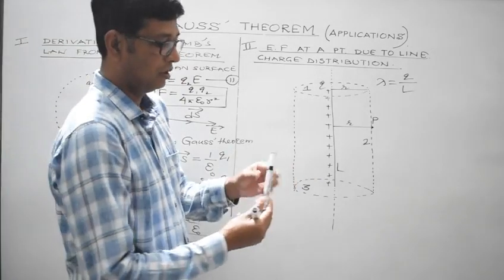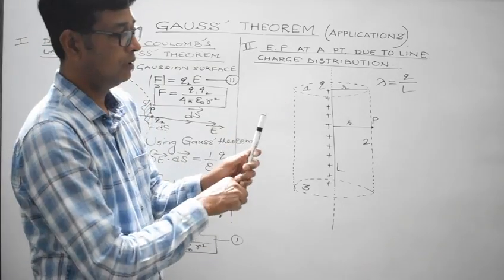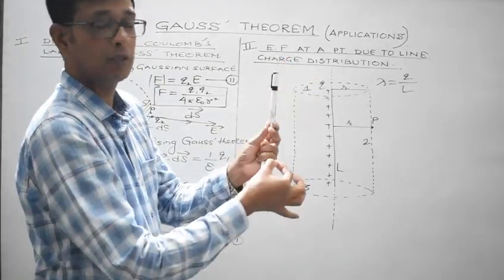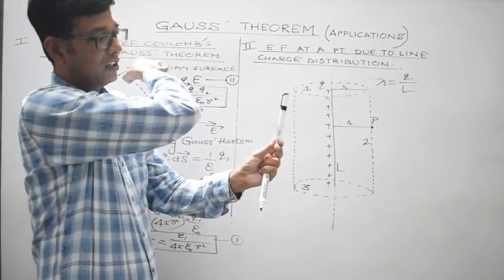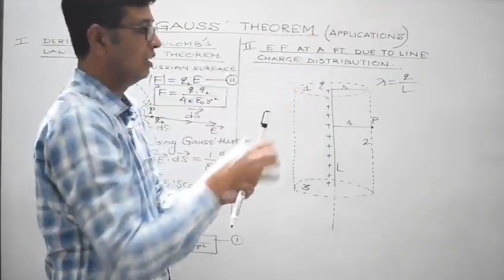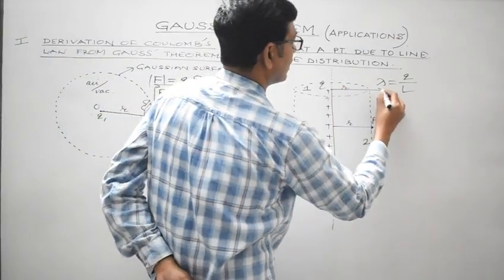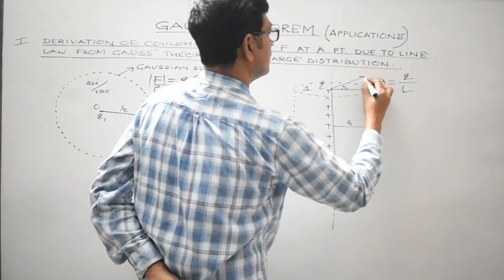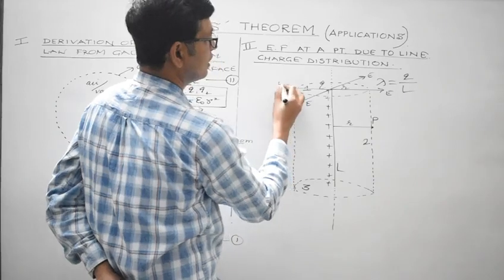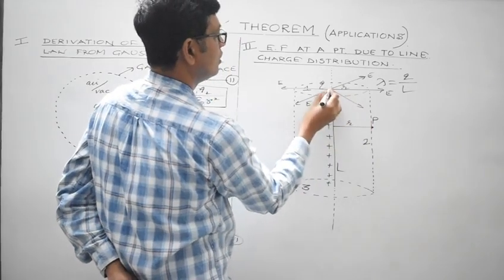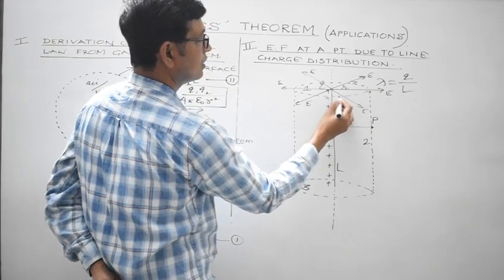Now, consider this to be a line, a one-dimensional thing, and charge is uniformly distributed. Positive charge. So due to this line charge distribution, the electric field will be in the radially outward direction, like this, along this direction, isn't it? So that is what I am going to represent over here. This will be the direction of the electric field, radially outward, perpendicular to the surface.